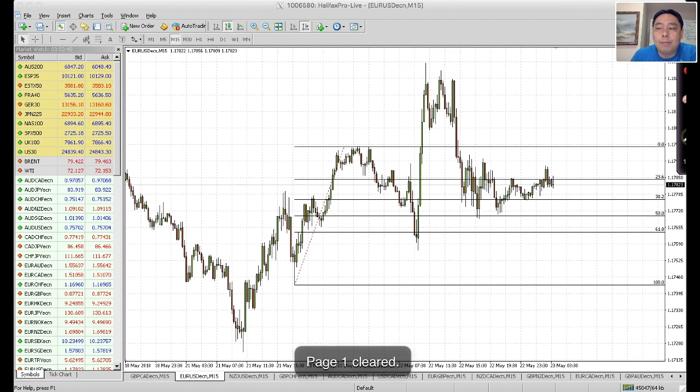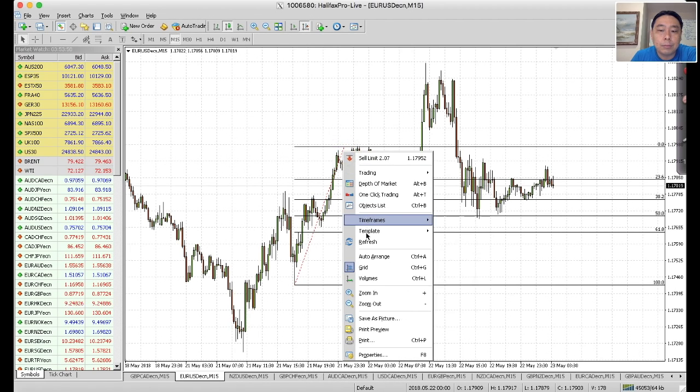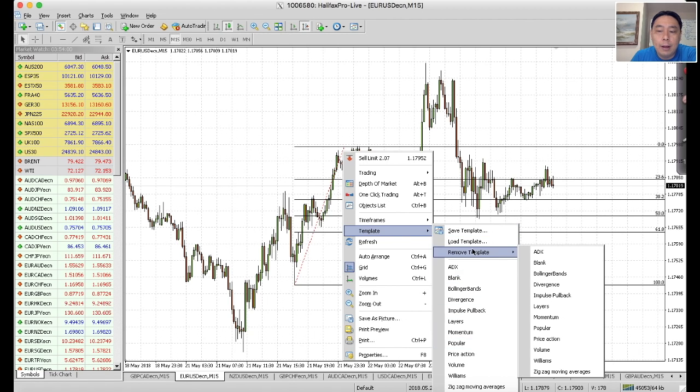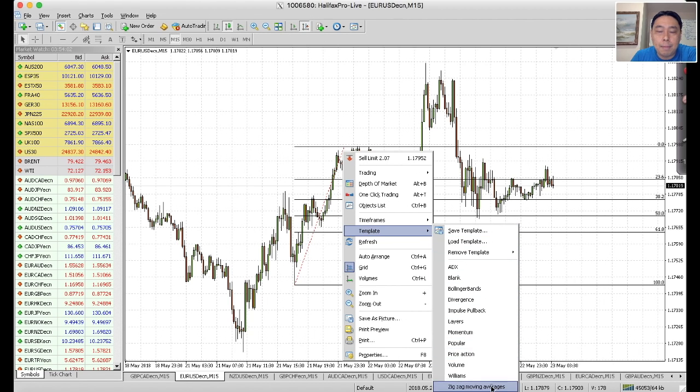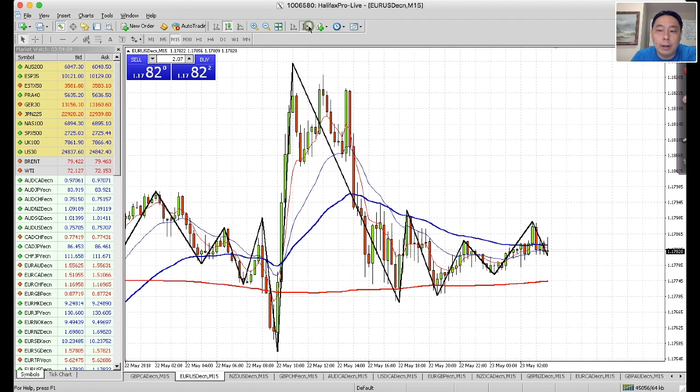Now, some people say, Adam, I find it hard to identify the wave patterns. One tool that you can actually use that's quite useful is called a zigzag tool, and let me just put it in there. All right, so that's a zigzag tool, by the way.